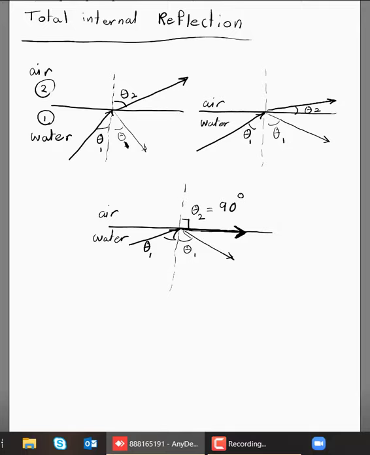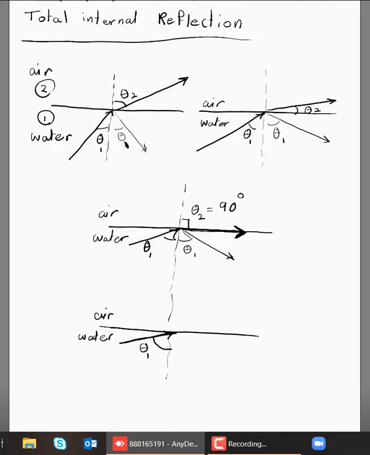And then now, another case: what happens if, water to air, theta 1 becomes even bigger? What happens here?